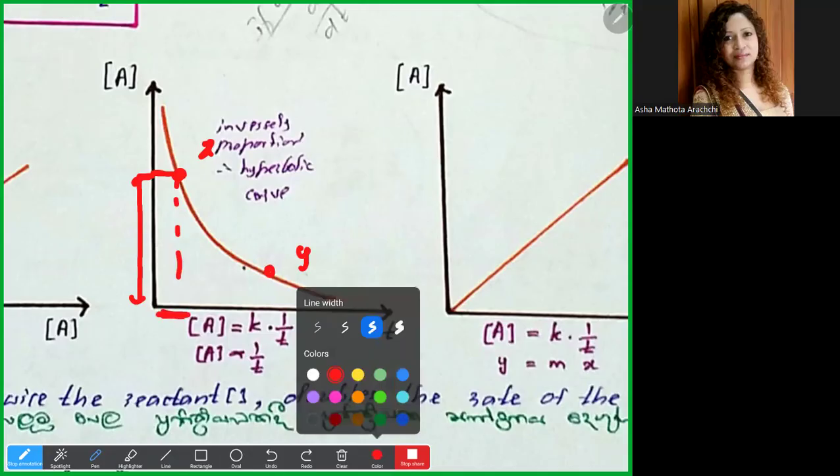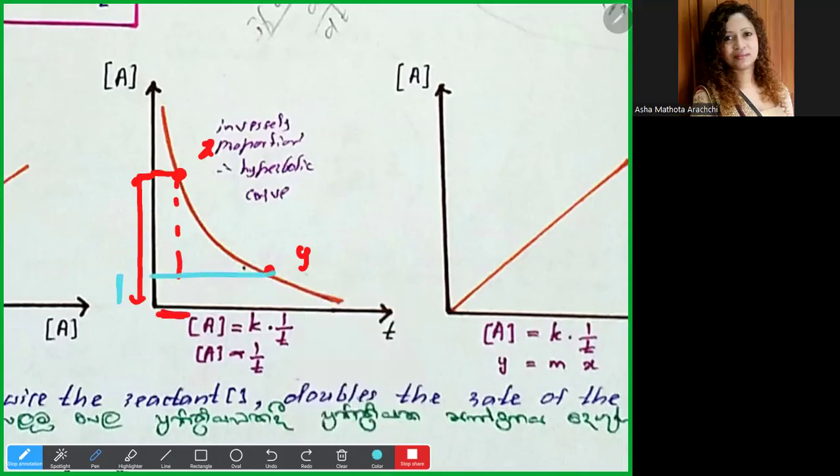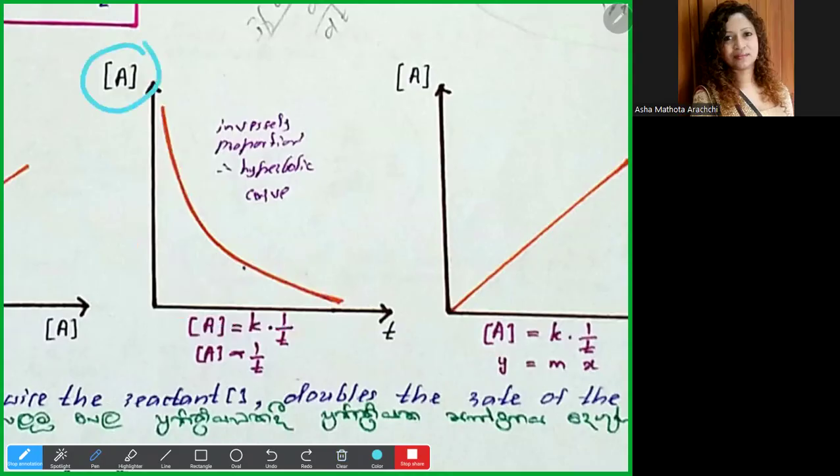And if you go with Y, see the concentration is small, but the time is large. Understood? So you are getting this kind of a graph for first order reaction between A and T, because these two are inversely proportional to each other.